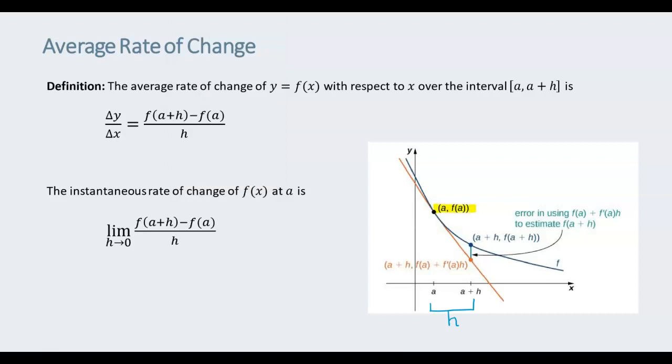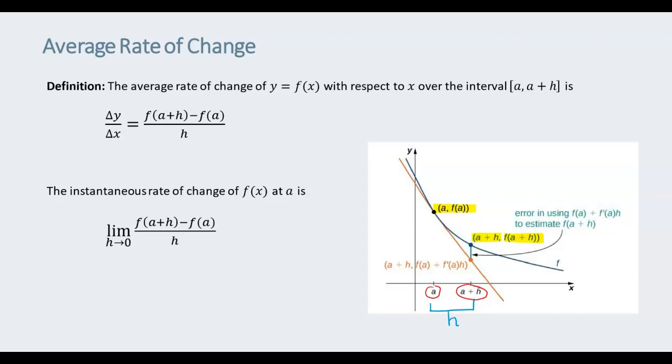And then the other one has x value A plus h. I started at A, I added h to it, so here's my new x coordinate. I'm plugging that into the function, and my y coordinate is f of A plus h.